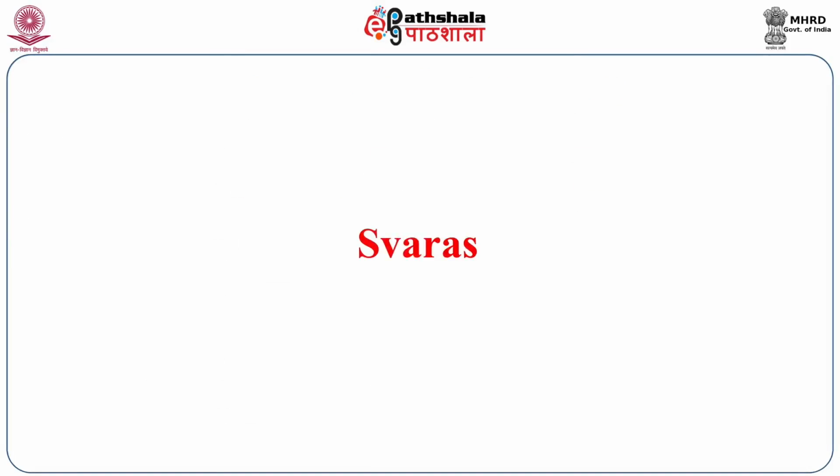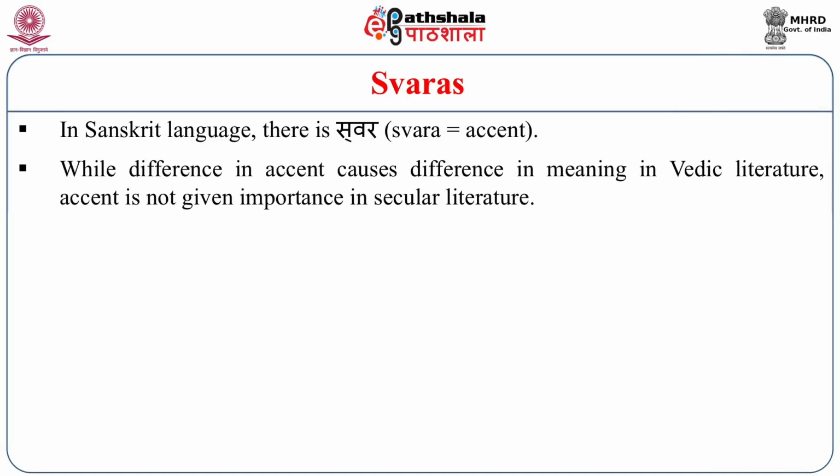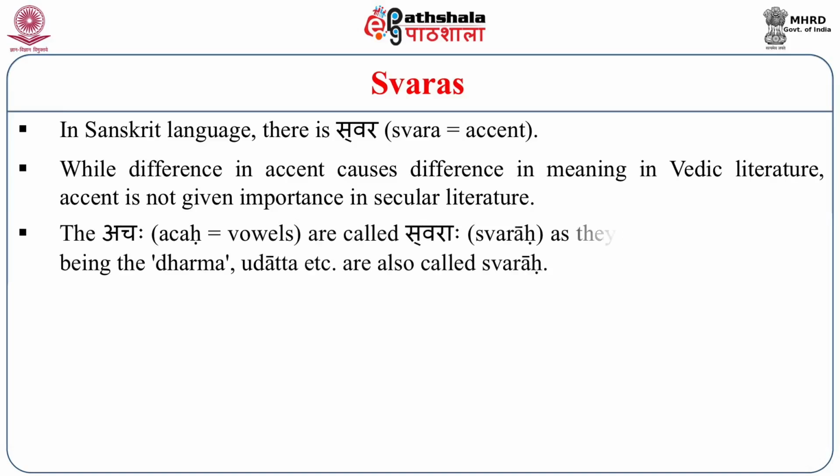Then swaras. In the Sanskrit language there is swara. While difference in accent causes difference in meaning in Vedic literature, accent is not given importance in secular literature. The achaha or vowels are called swaraha.